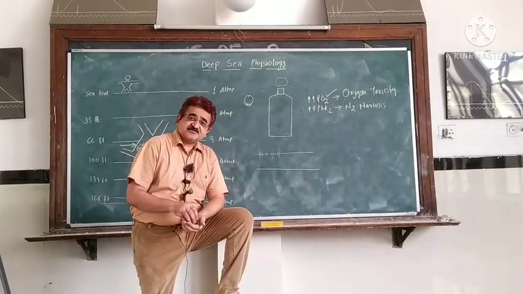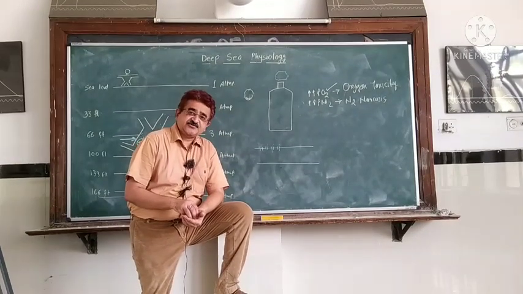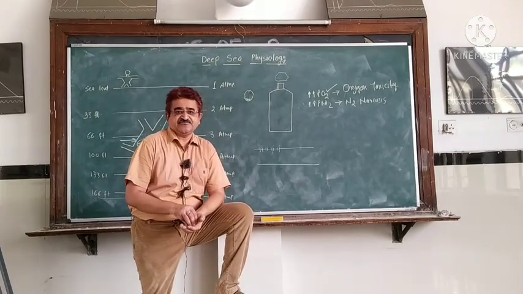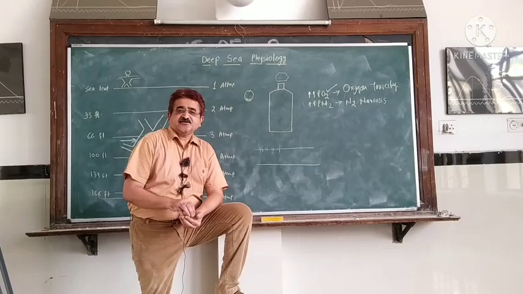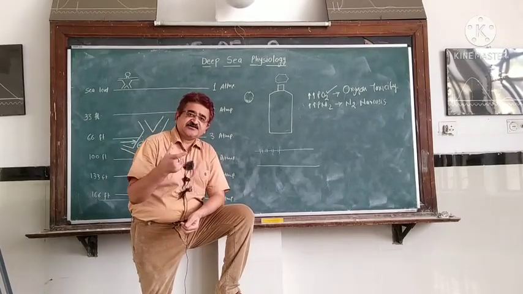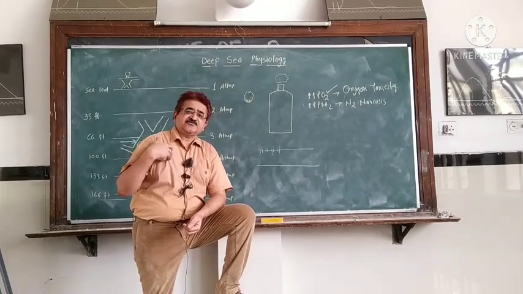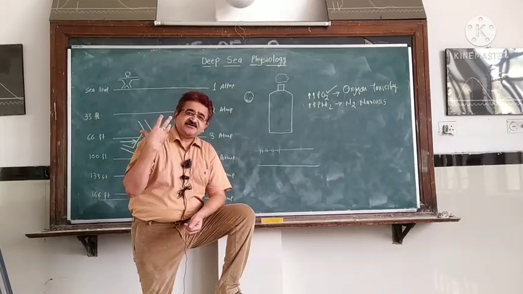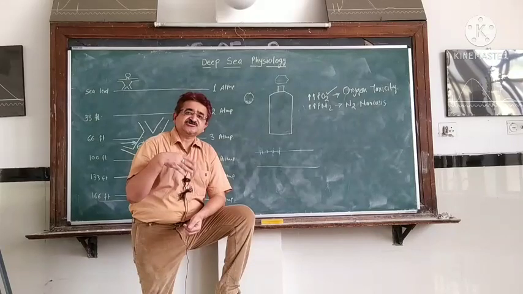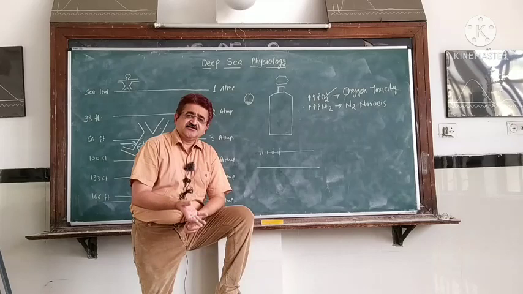Sir, can oxygen toxicity and nitrogen narcosis be prevented? Yes, they can be prevented. How? Before diving, if the diver is going to work deep in the sea for a long time, then all the nitrogen that is present in the diver's body is to be taken off. That is, the washing off of the nitrogen is to be done. How is this done?